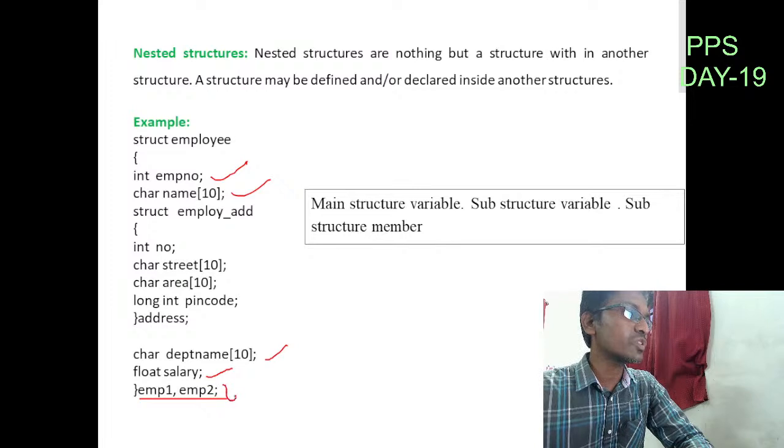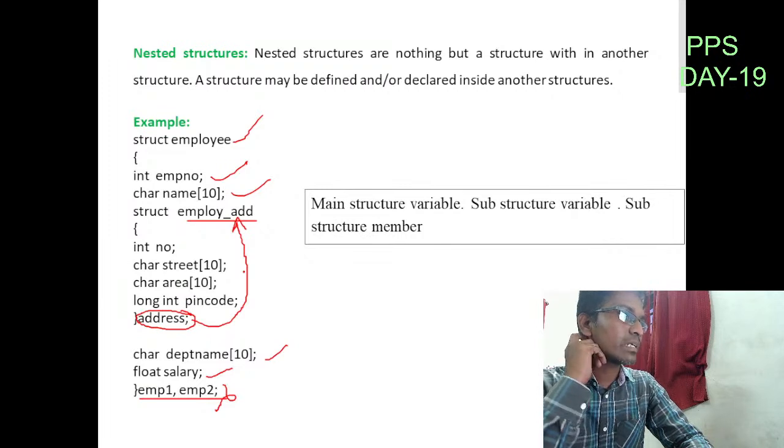These two belong to the employee main structure variables, and the substructure name is employee address. So the variable address is a structure variable, that is a substructure variable for employee address.